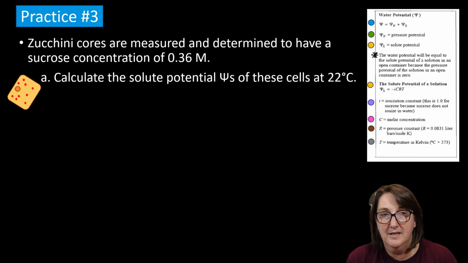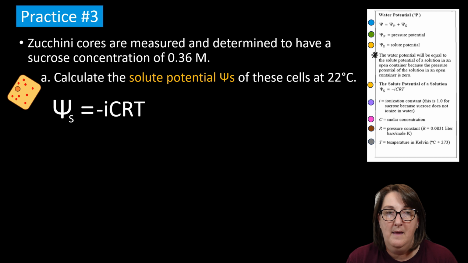Okay, let's look at practice number 3. The zucchini cores are measured and determined to have a sucrose concentration of 0.36 moles. Calculate the solute potential, the psi S, of these cells at 22 degrees Celsius. So let's look, what formula do I need? I need to solve for that. So do I have a formula for that?